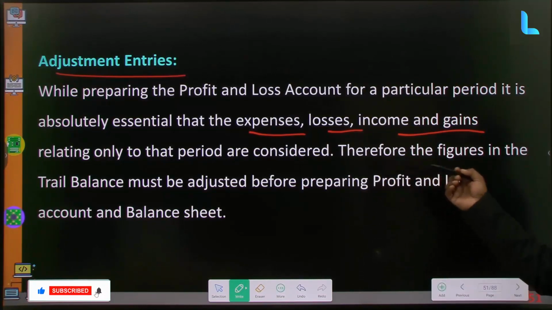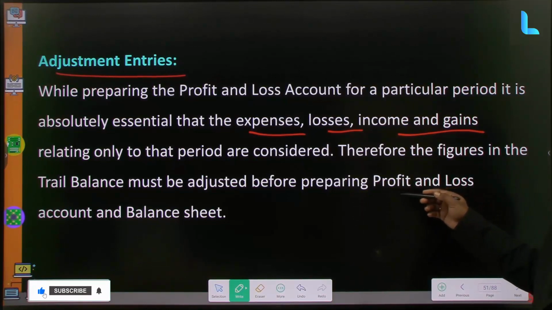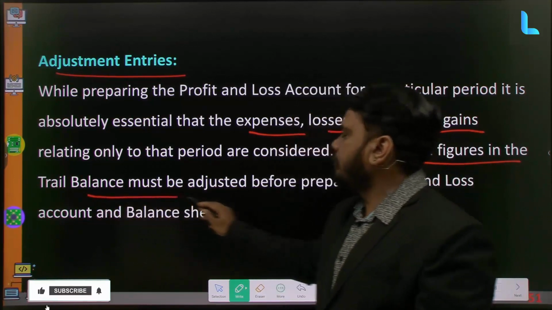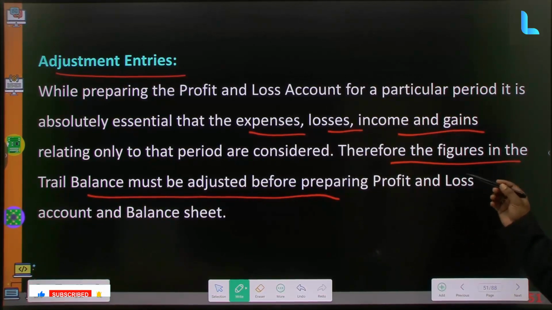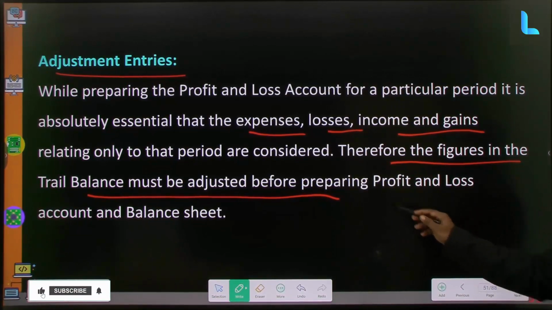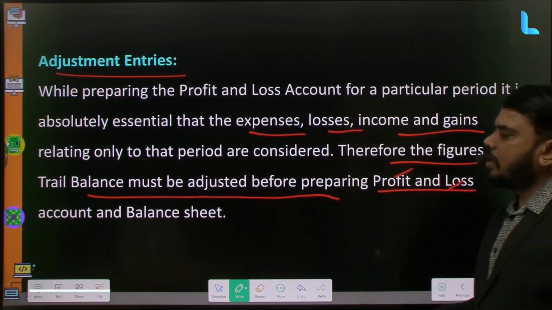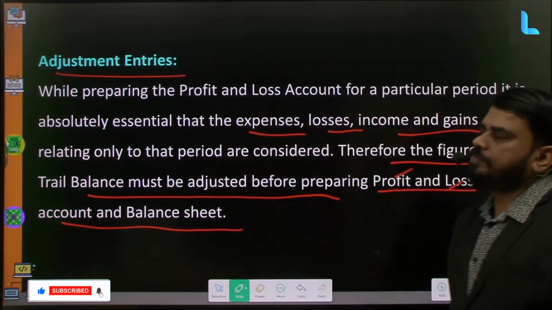Because of this, whatever figures we are getting in the trial balance, we have to make adjustments to the trial balance figures so that we can prepare the financial statements of accounts, that is the profit and loss account statement and the balance sheet.